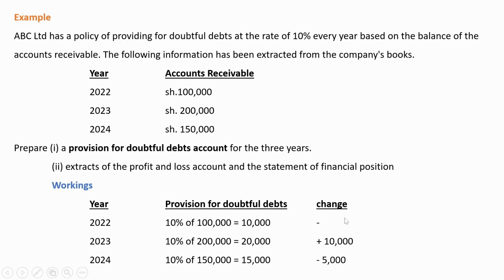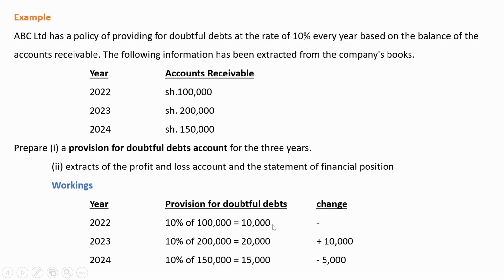So we are interested in the change, whether it is an increase or a decrease. So in the first year, 2022, we don't have change because it is the first time the business is providing for doubtful debts. So we don't have increase or decrease. Then when you go to the next year, you compare the previous amount with the current amount.